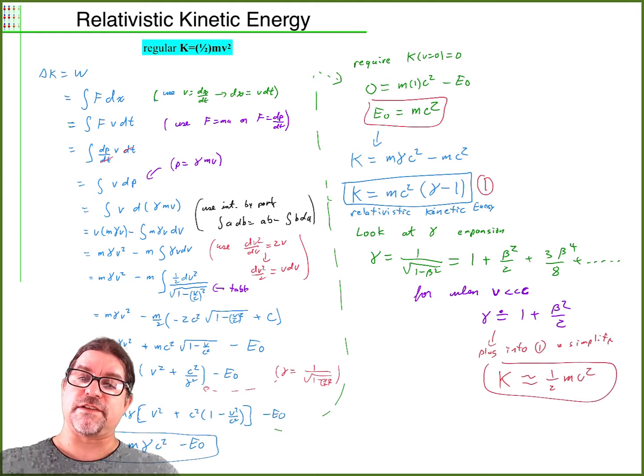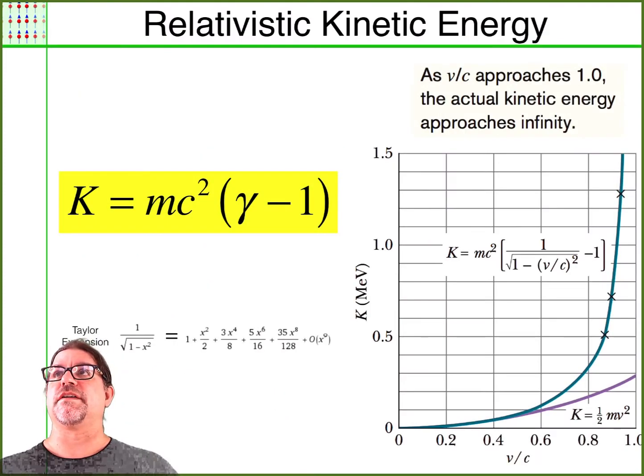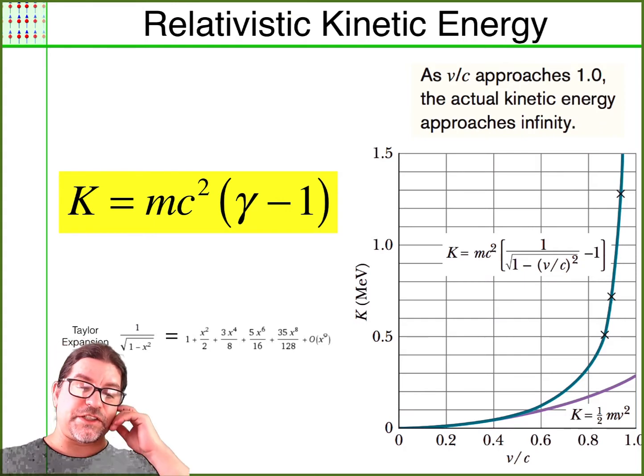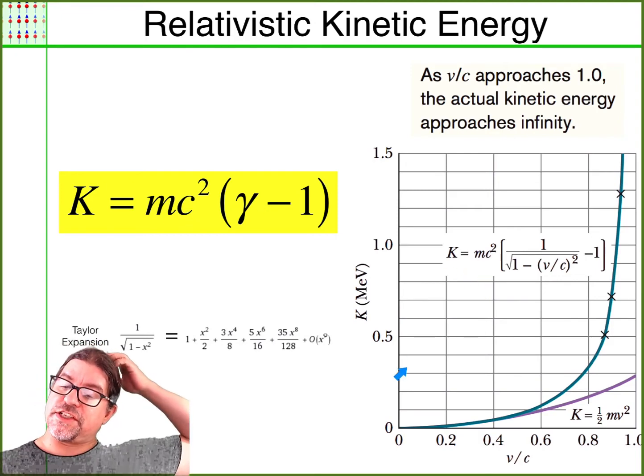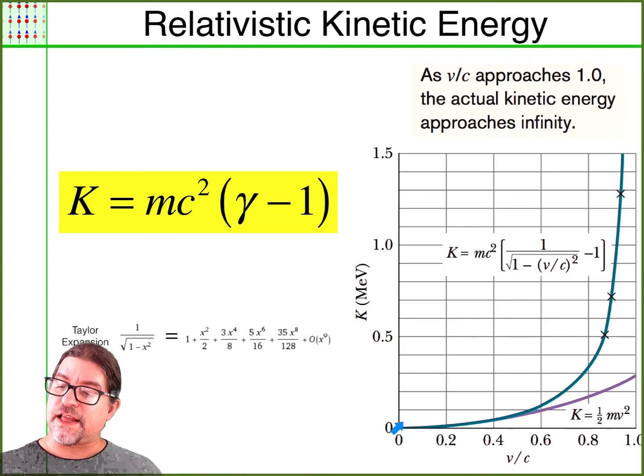Well, let's look at what happens because of this. So real quick, here's the kinetic energy. It's mc squared times gamma minus 1. If you plot kinetic energy versus speed, classically the kinetic energy just increases as v squared.